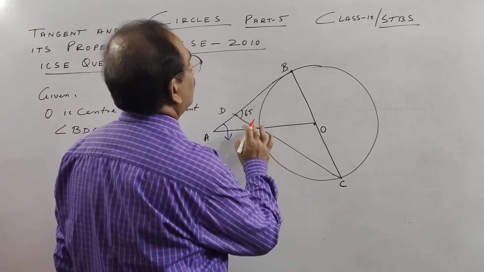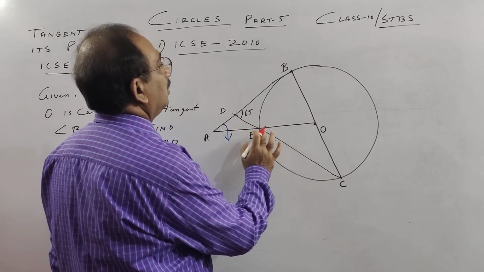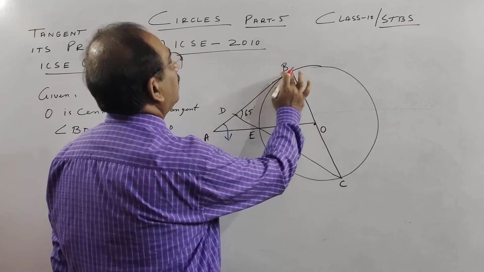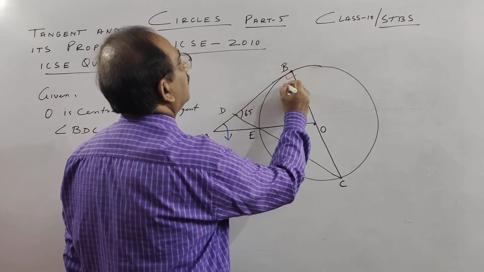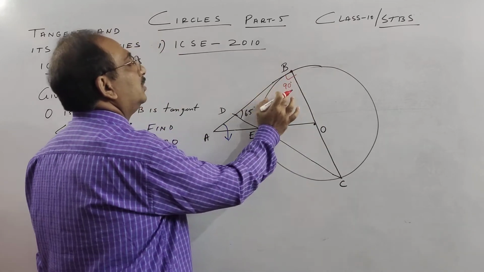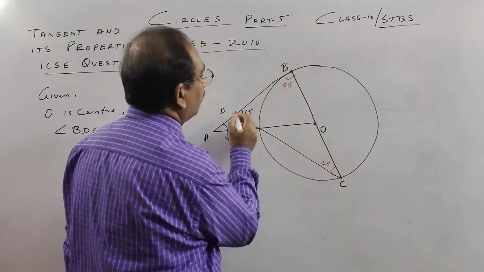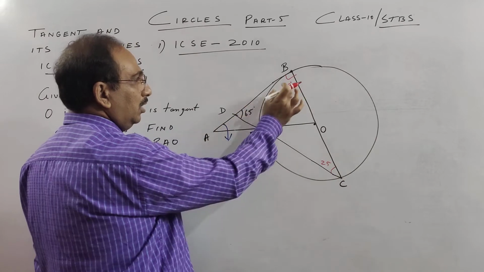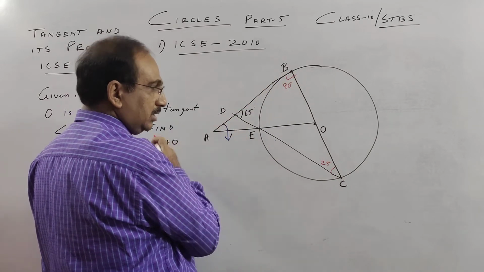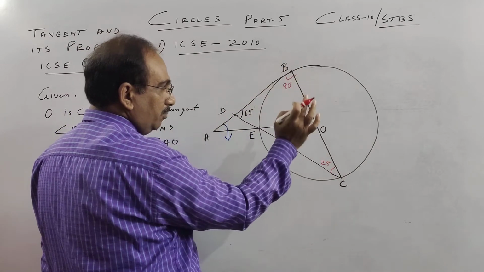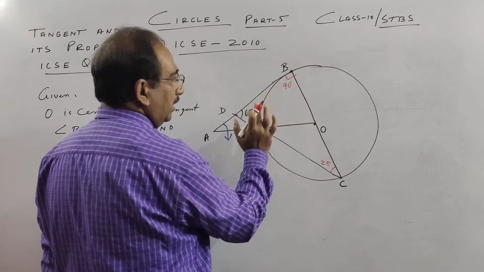First thing, children, is that a tangent with the radius makes 90 degree. So if this is 90 and this is 65, you will get this as 25 in this triangle. Once more, the tangent with the radius of the circle at the point of contact makes 90 degree.